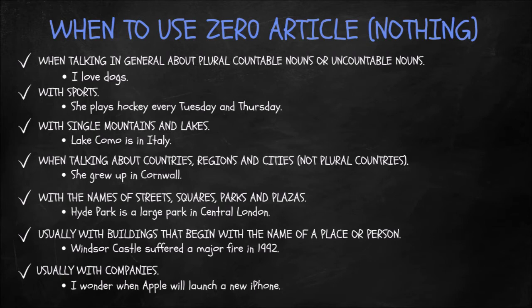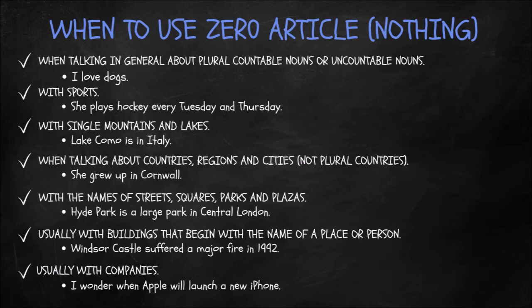We wouldn't say the Sheffield University because Sheffield is a place, it's a city in the UK, so we wouldn't use the in that case. So if it has of, we're going to use the University of Sheffield. But if the building begins with the name of the city or a person, that's also possible. You generally do not need an article as well because the name of the person or the place actually determines the building.